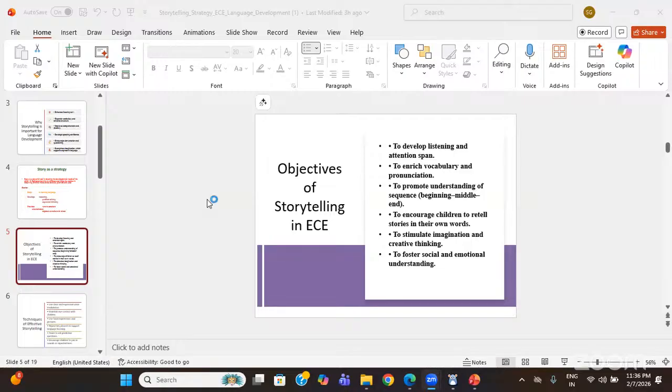So, to encourage children to retell stories in their own words, which is very, very important. And then to stimulate imagination and creative thinking. How does this happen? And then to foster social and emotional understanding.